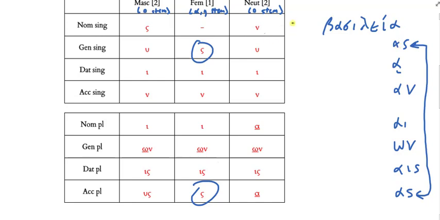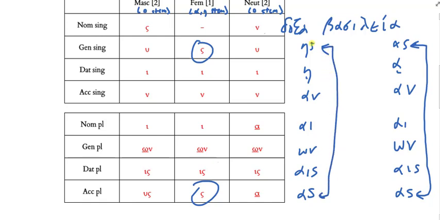Doxa, on the other hand, let's remember doxa. What does it do in the genitive, in the dative? Goes to eta. Dative singular, eta. Back to alpha in the accusative singular. Doxai, doxon, doxais, doxas. Can you tell the difference between genitive singular and accusative plural?